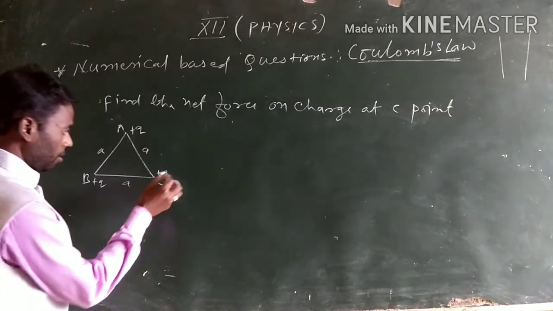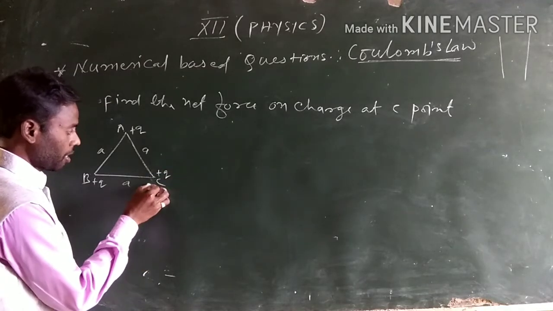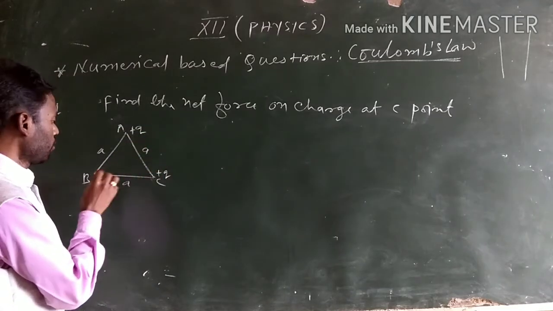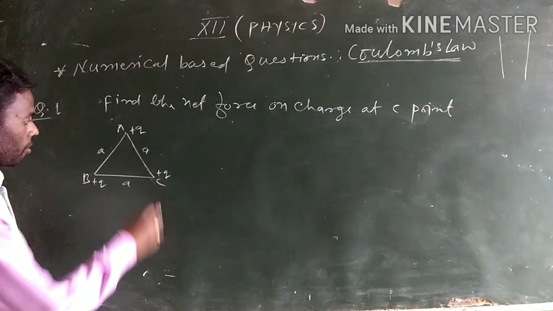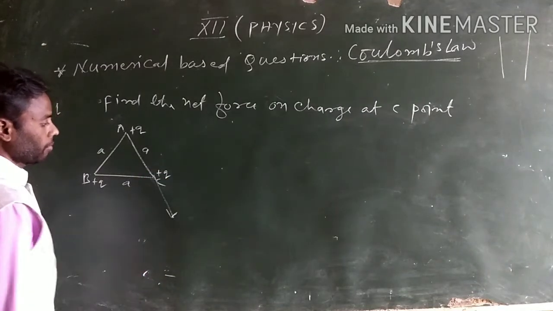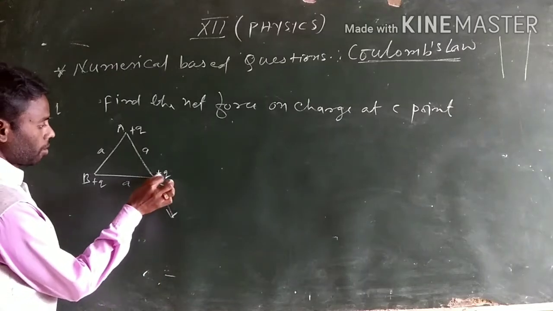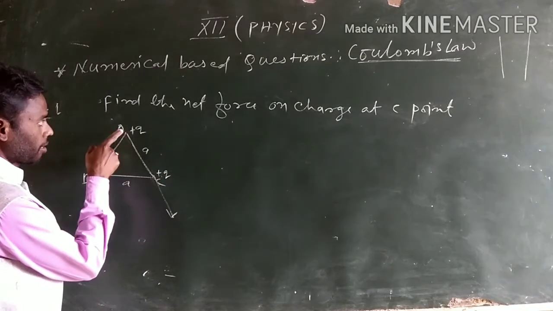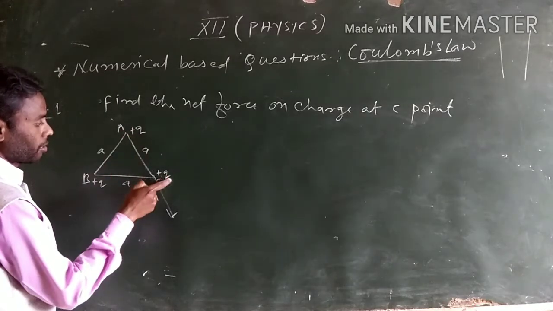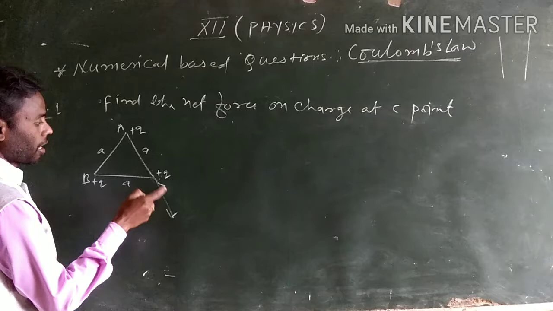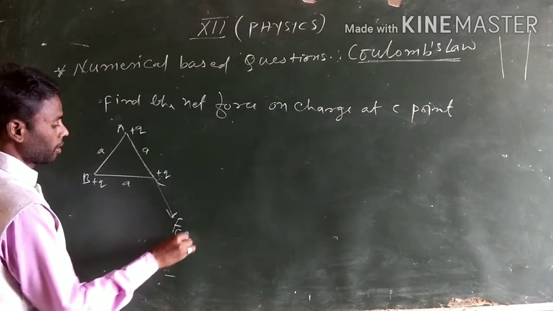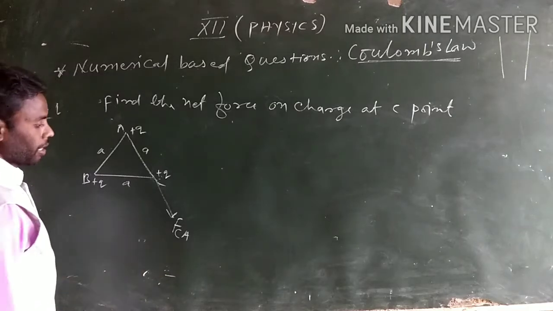There is a plus Q charge at A and a plus Q charge at C, so the force will be repulsive. Here is F_C due to A, like this.